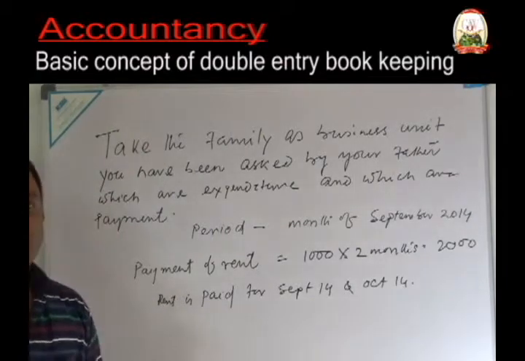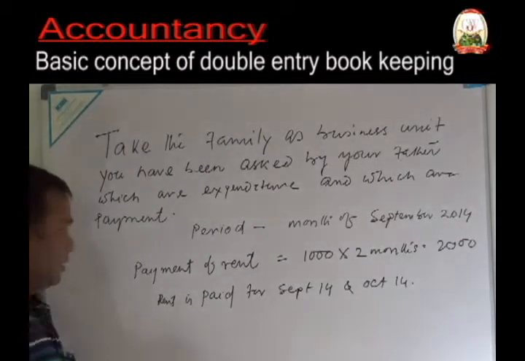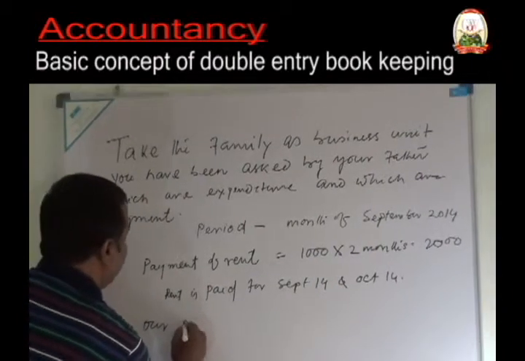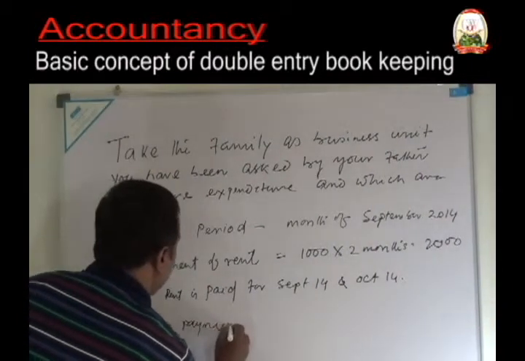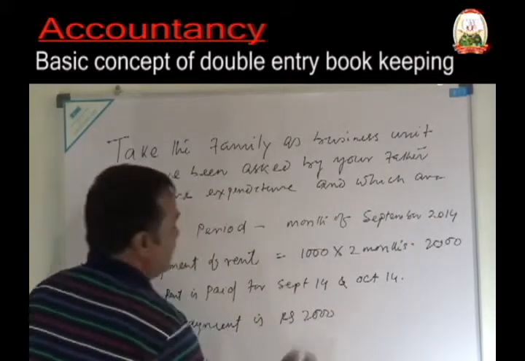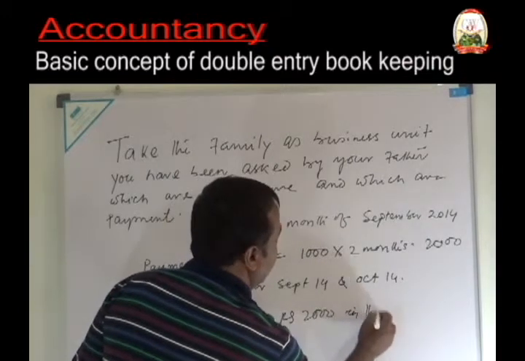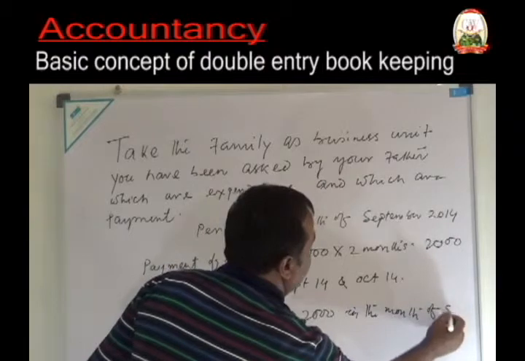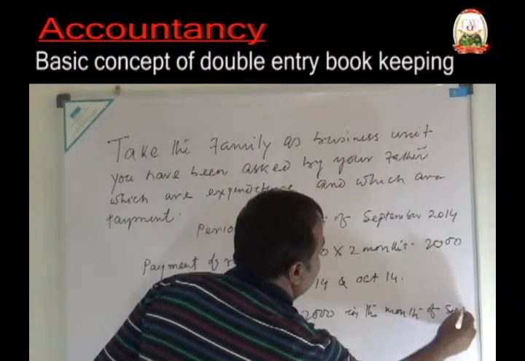Then you will tell your father that our payment is rupees 2000 in the month of September.